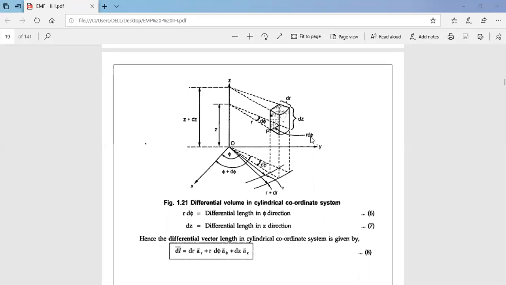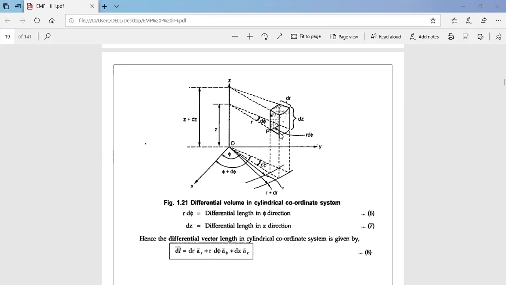You multiply your length along here times that to give you this surface.